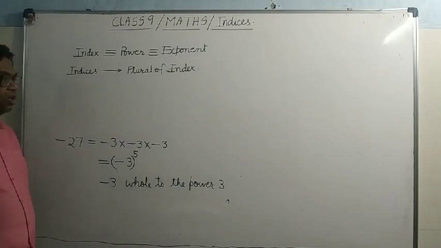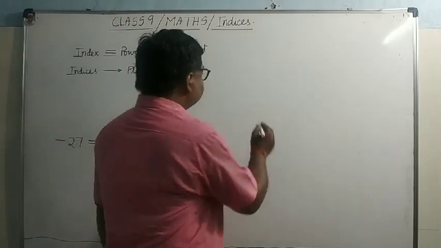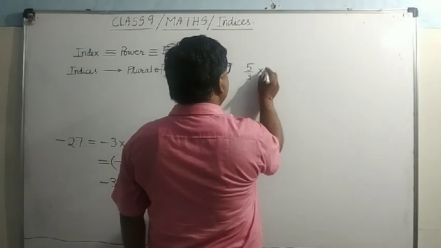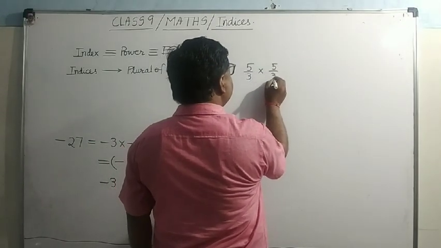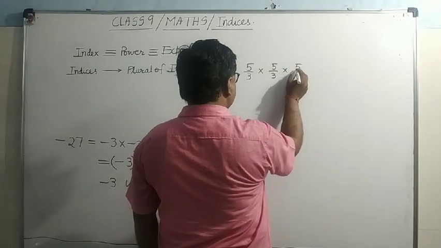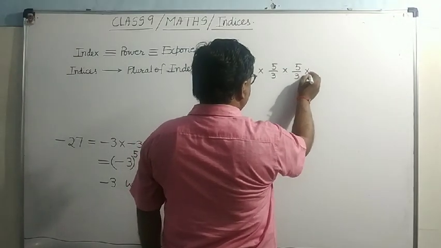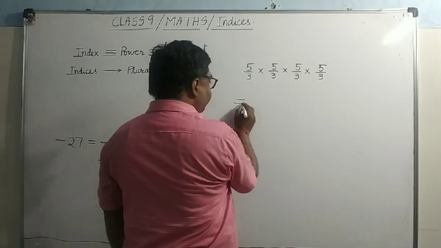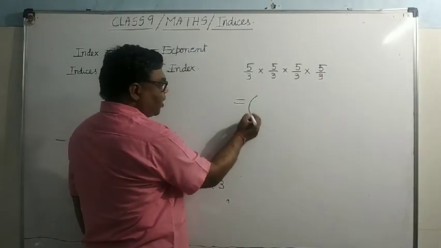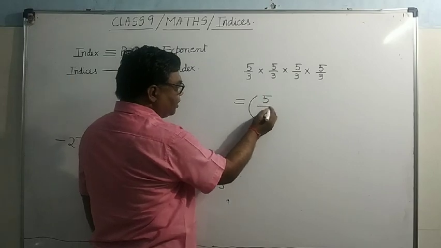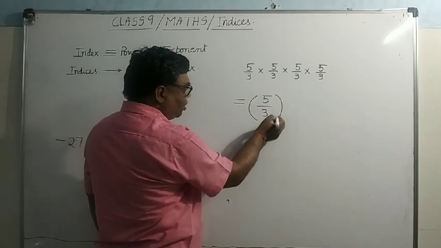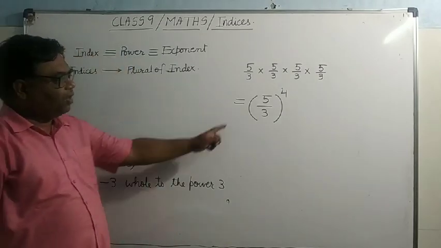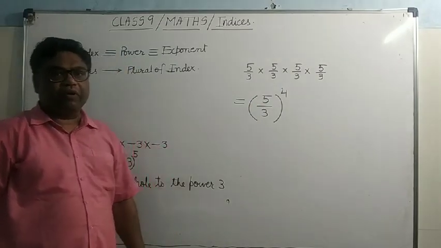It's clear? Now suppose I am writing 5 upon 3 into 5 upon 3 into 5 upon 3 into 5 upon 3. What will you write in power form? We will write 5 upon 3 inside the bracket, whole to the power 4.